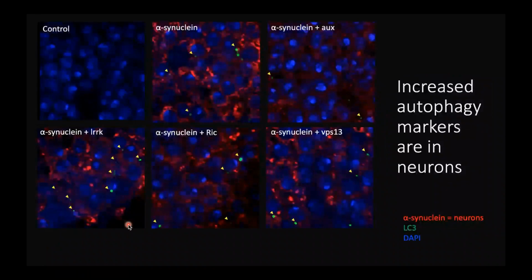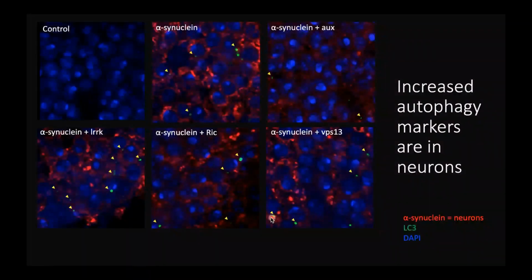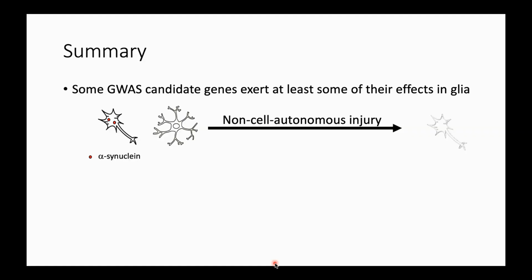Likewise, if I look at co-localization with simply alpha-synuclein as a marker for the neurons, and LC3, the autophagosome marker, you can see that largely these inclusions appear to be in cells that express alpha-synuclein, i.e. neurons.